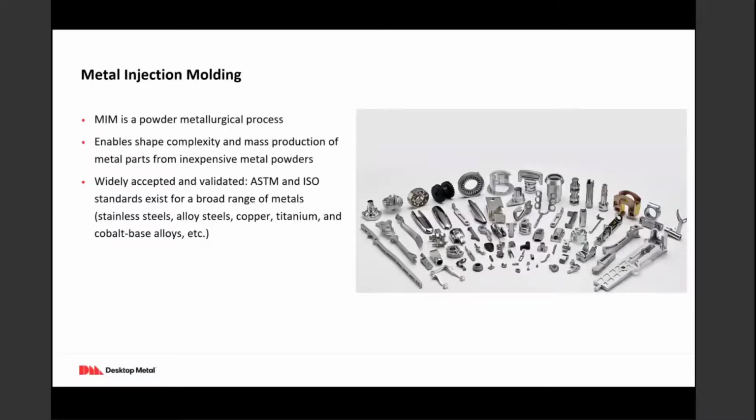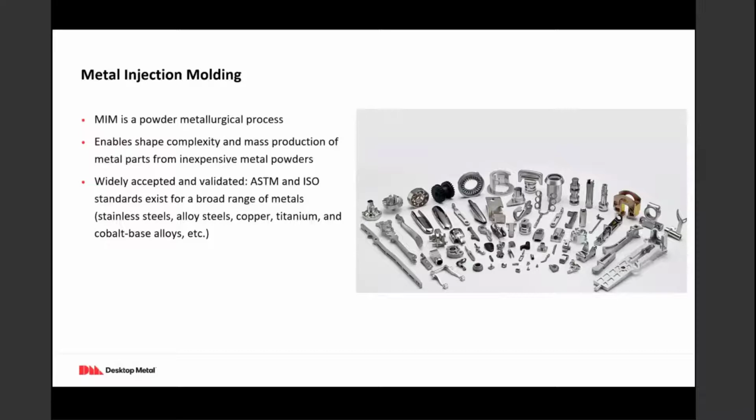So why is that so important? Well, MIM is a powder metallurgy process. It enables shape complexity, so you can make very complex, sophisticated shapes. This is used in a broad variety of markets, and it's because you can use inexpensive powders. This is a de facto way to make a lot of small, medium-sized, complex geometries that are hard to do in other ways.